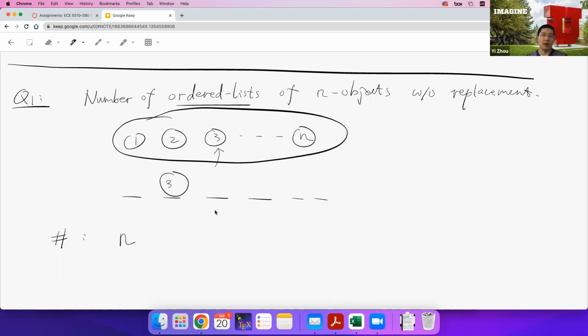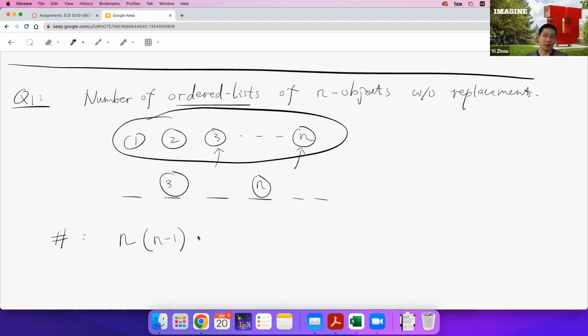Now you have used this ball 3, so it is removed from the black box. Then you grab another ball randomly, maybe the last one, and place it into the rest of the places. This time you only have N-1 choices. Then you do this repeatedly.